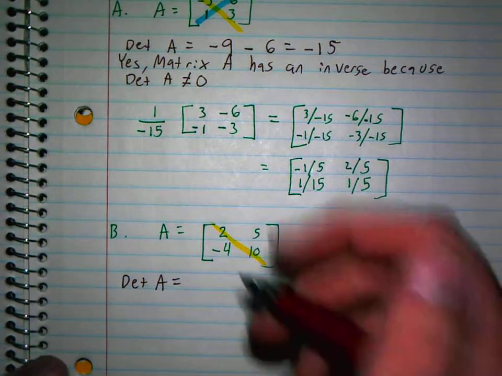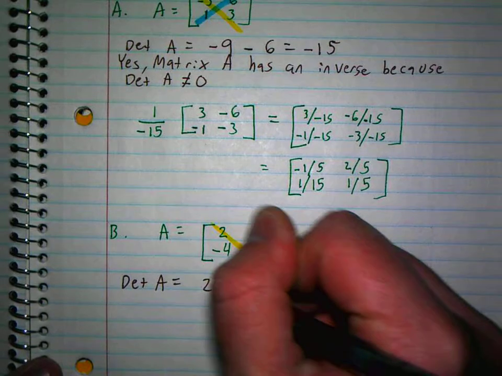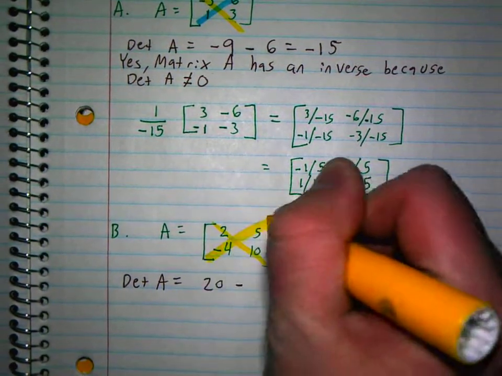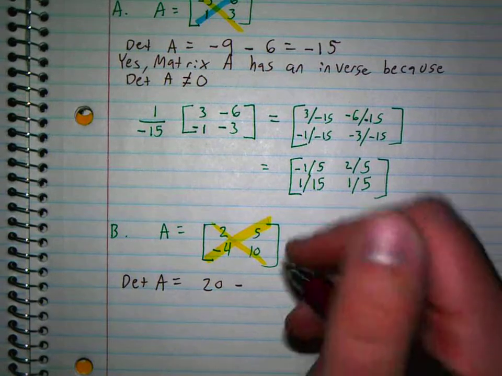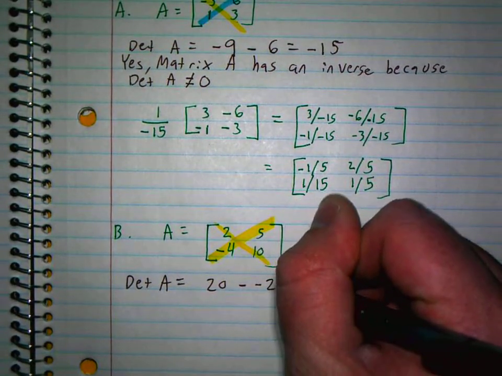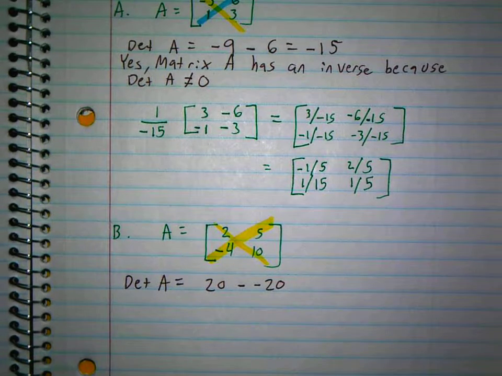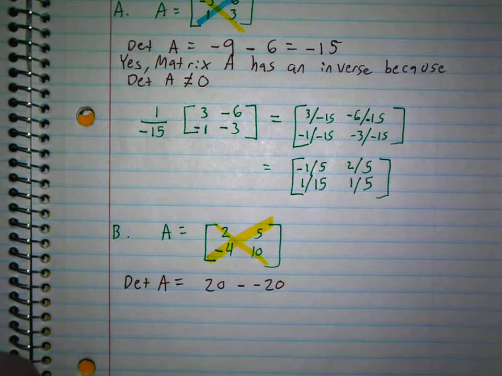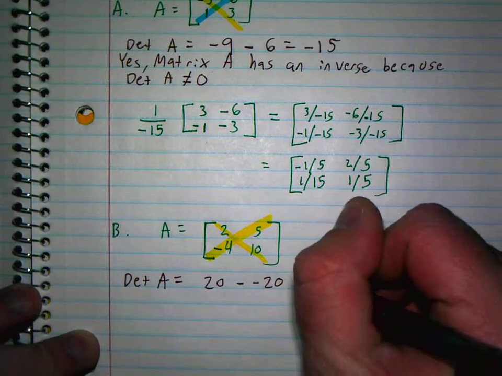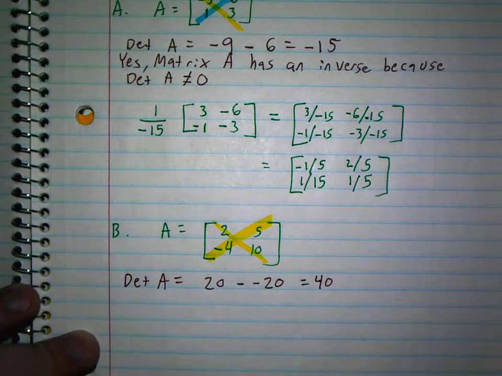Just 2 times 10 is 20. Minus. And then 5 times negative 4 is negative 20. Right? And so that becomes 20 plus 20, which is 40. So yes, there is a determinant. Yes, there is an inverse, correct?